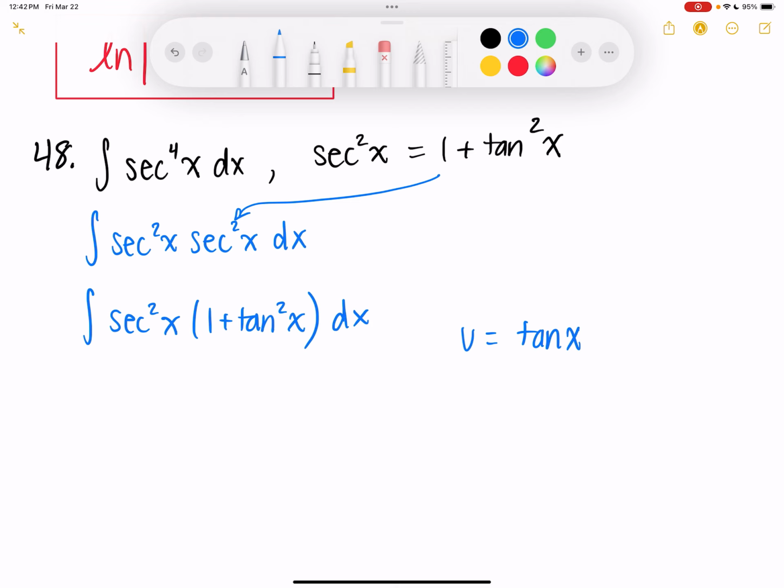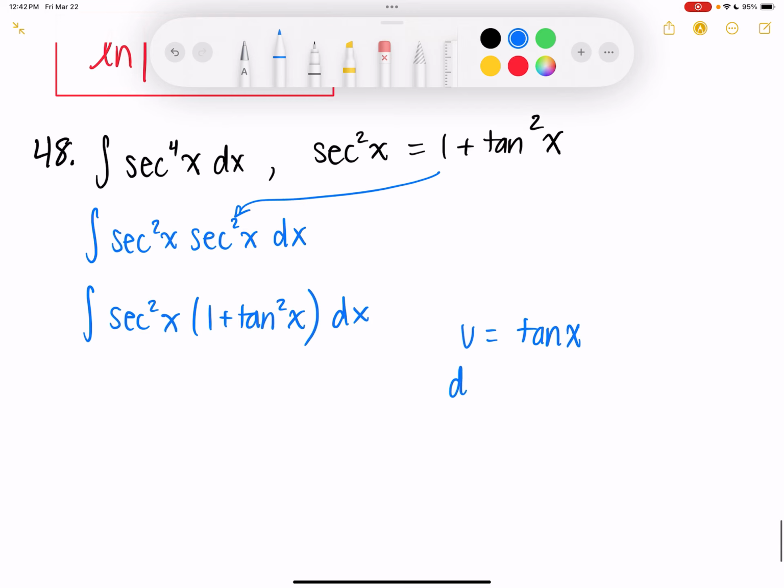Okay. So u is tangent of x, so then like we said, the derivative is secant squared of x dx, which I have here, so I don't need to move anything around. So I now have the integral of 1 plus u squared, which I can integrate. That's why we did it that way. And then the rest of this is replaced with du. And so what is the antiderivative of 1 plus u squared?